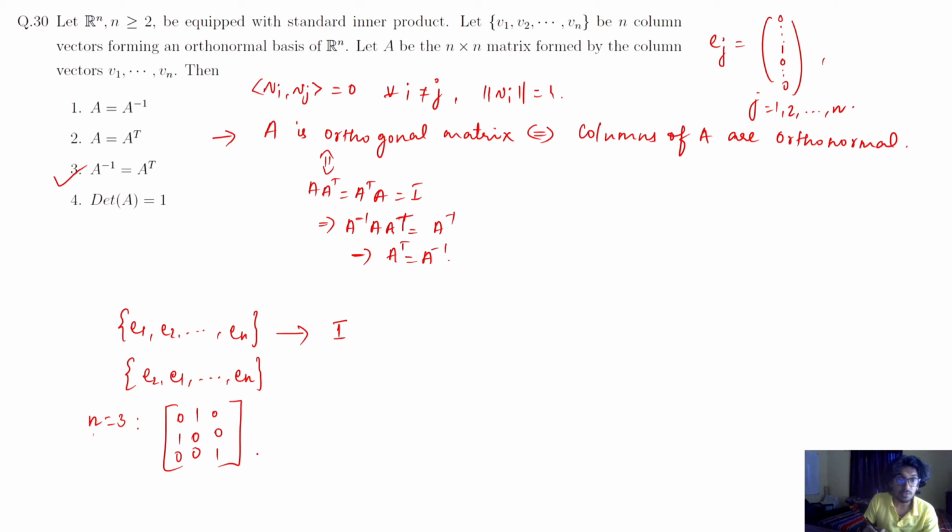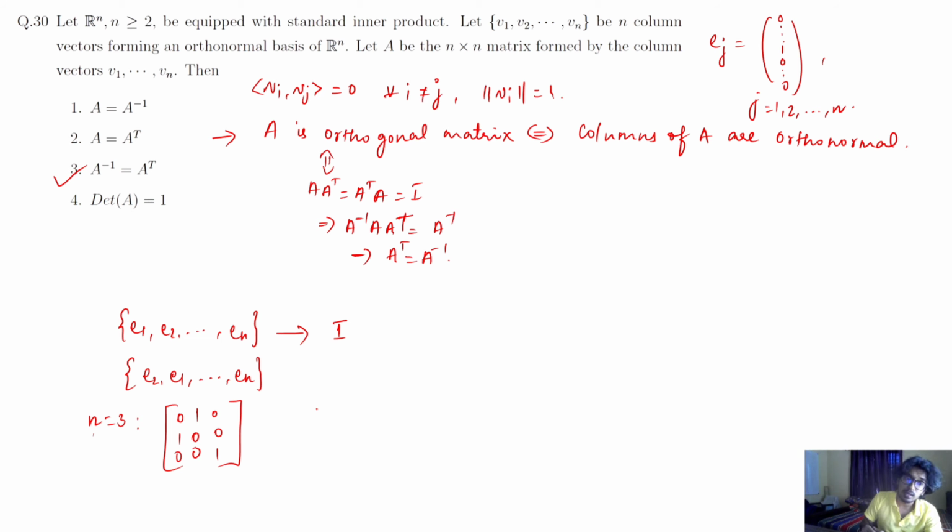Here, if you evaluate the determinant, it is not equal to 1, it is going to be minus 1, I suppose. When you take the transpose, you get the same matrix. And whether A is the same as A inverse, we have to examine and check.